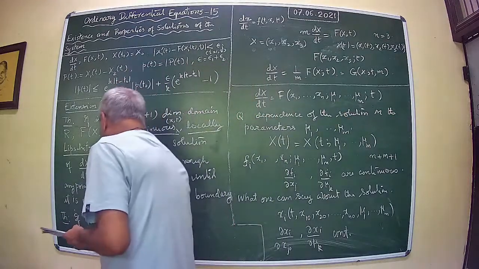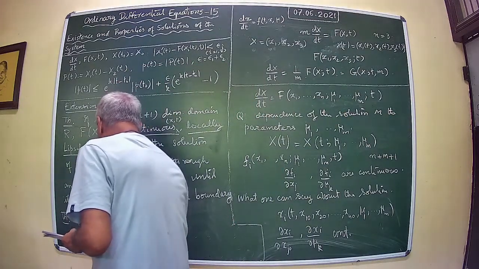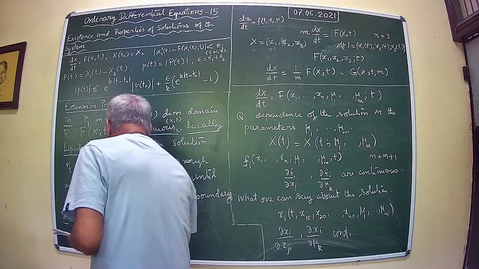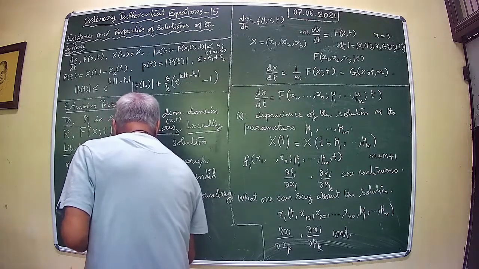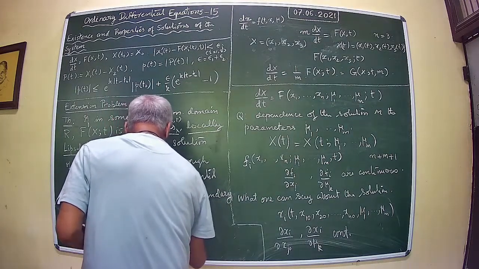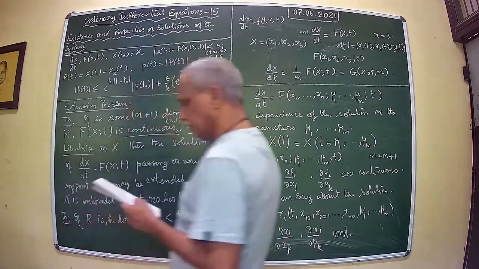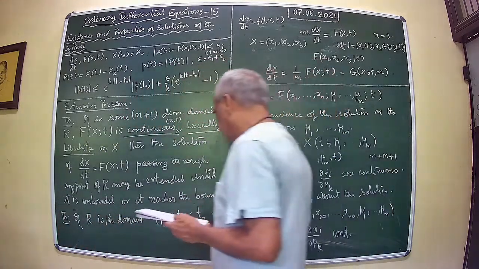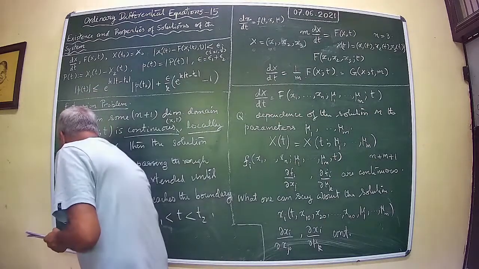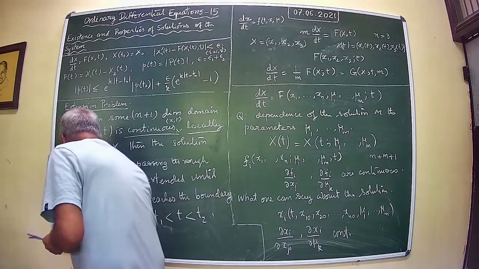Suppose R is the domain T1 less than t less than T2 for some T1, T2, with x, norm of x.